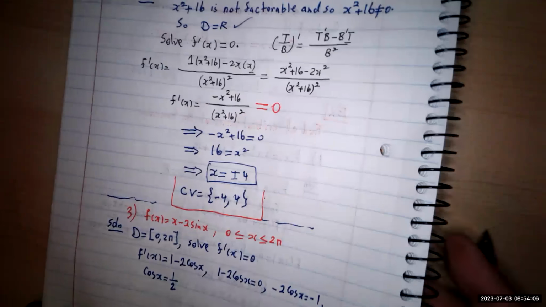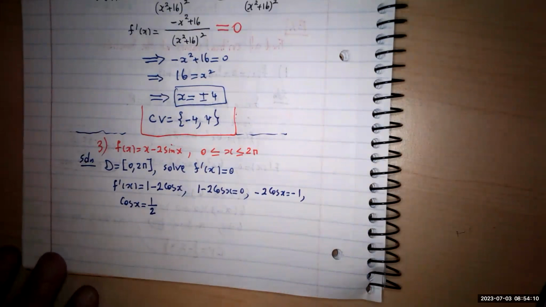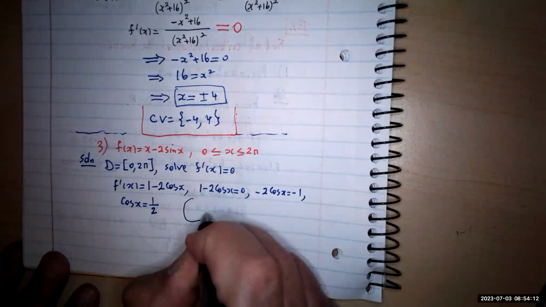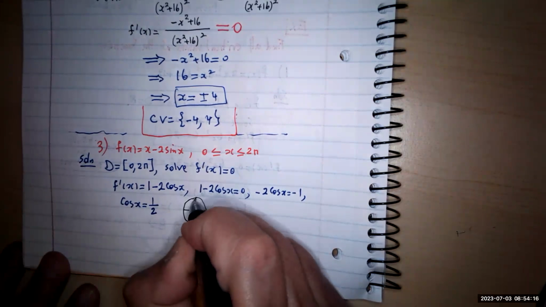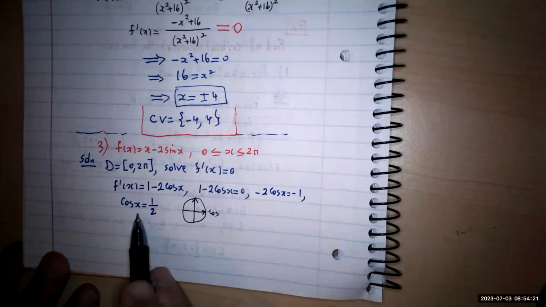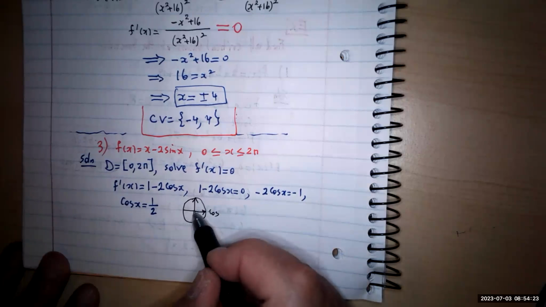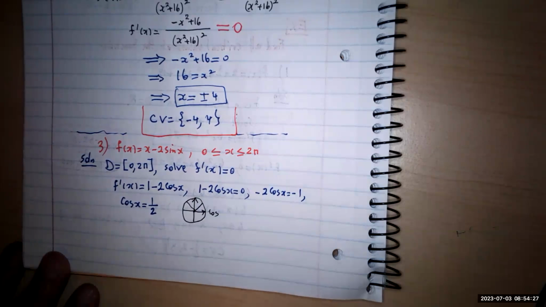So you go to the unit circle chart, you know that there are 2 possibilities and you give us 2 solutions. If you go to the unit circle, remember this is the cosine and this is going to be the sine. So this is cosine. So you want it to be positive. So one of them should be here and one of them must be here. And you check the chart.